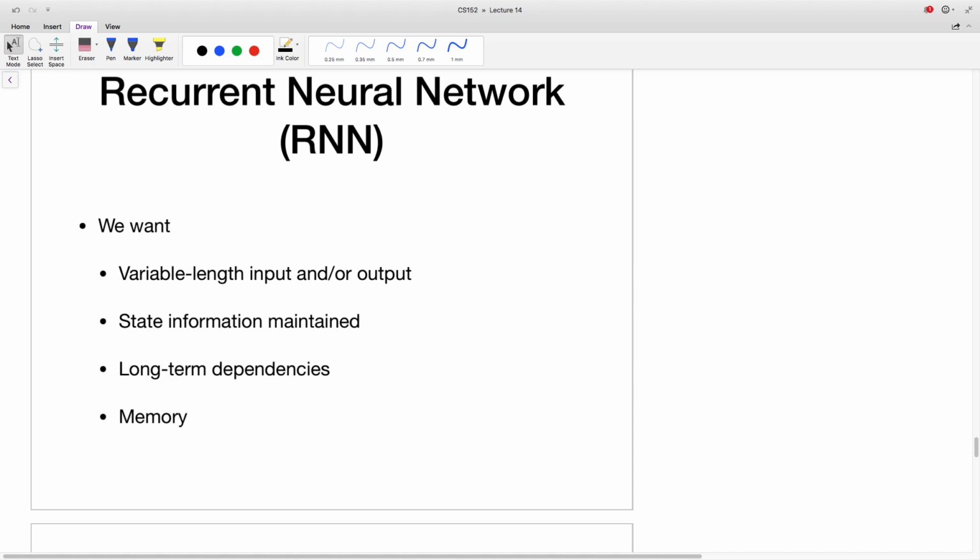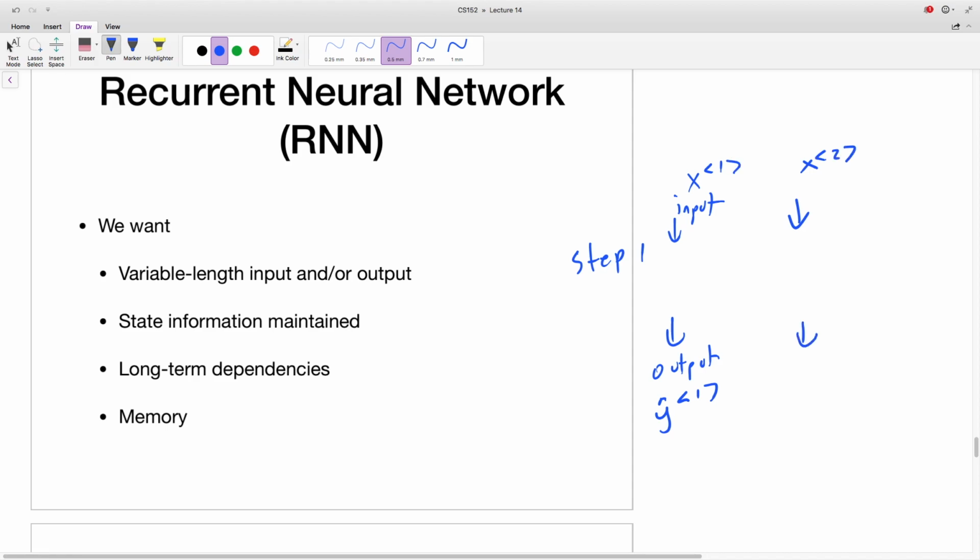If we have at step 1 an input x1 coming in and we do an output here, this output is y hat 1. And now, at time 2, we have x2, and we have output y hat 2.